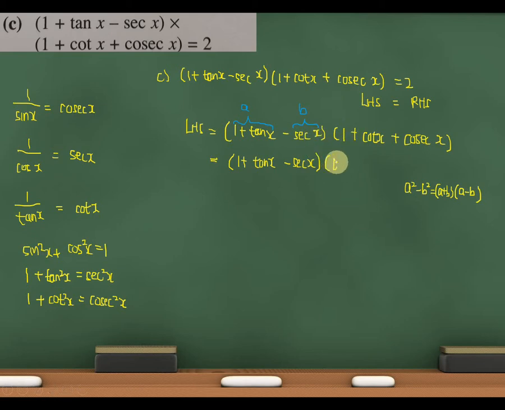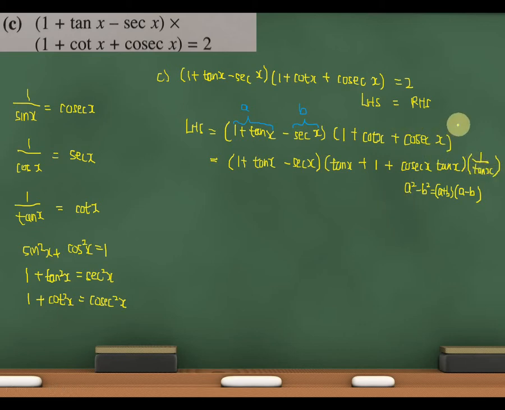Multiply tangent x, here it will become 1. Cosecant x multiplied by tangent x. Because we have multiplied tangent into this, we need to divide by tangent x.